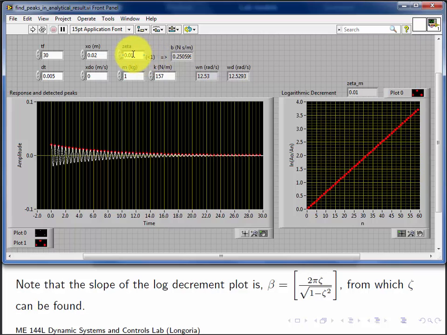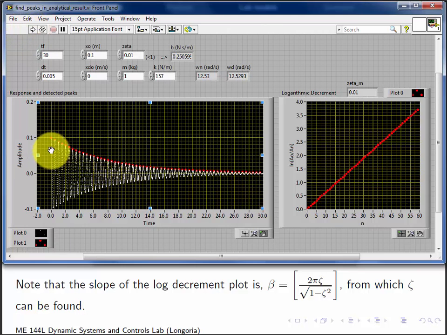And what it does underneath is it calculates what that B is. But then what it also does is it illustrates the use of this little VI that I've given you, which takes this decaying signal and picks off those peaks. I'm going to give it a little bit larger initial condition so you can see what it's doing. The red points indicate that it's found those peaks.